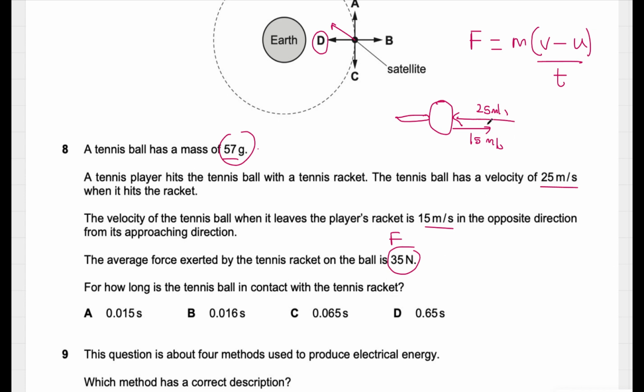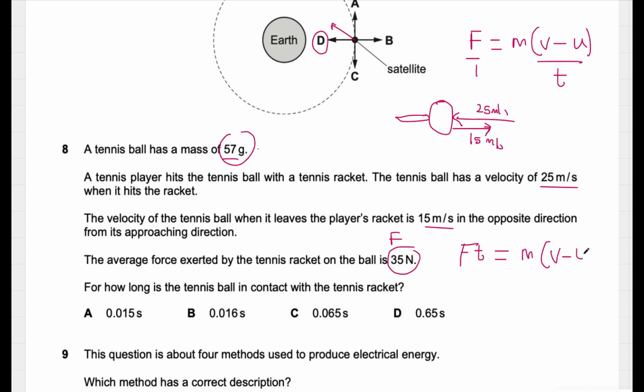Like we said, this formula is what we're going to use, so we make t the subject. If you cross multiply, Ft, which is impulse, equals the change of momentum, F times t equals m(v minus u).